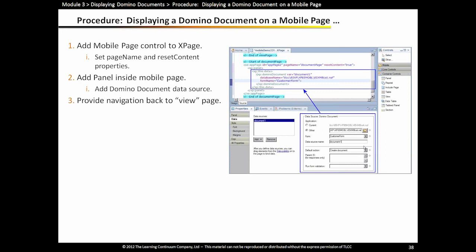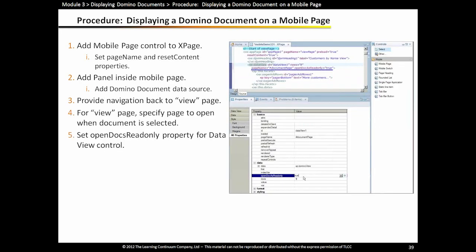So we're going to attach to that panel control a Domino document data source. And then we're going to drag in some of the fields from that data source to basically create the table of fields and display their values.